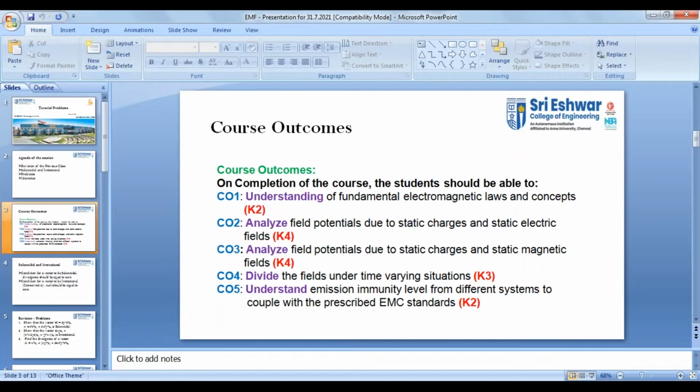This is what the course outcome is going to tell you. At the end of the first module, you should be in a position to do this. You might have understood the fundamentals of electromagnetic laws and concepts.